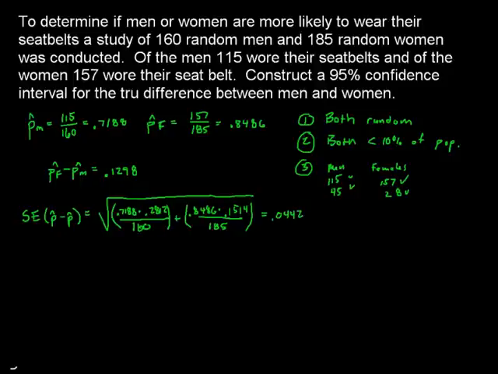Now a lot of people ask, do I have to use 4 decimals? Could I use only 2 decimals for the p hats? Well, your difference is going to be very minute, but I would recommend using 4 decimals for accuracy.